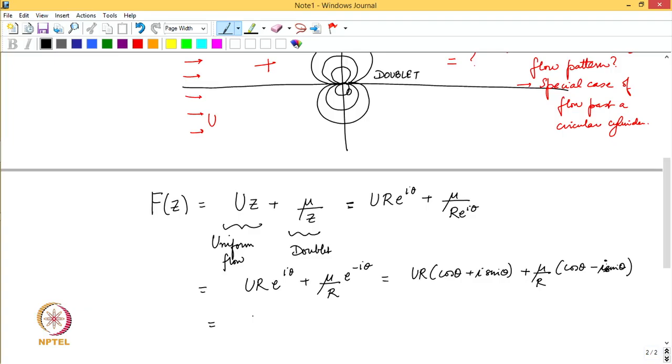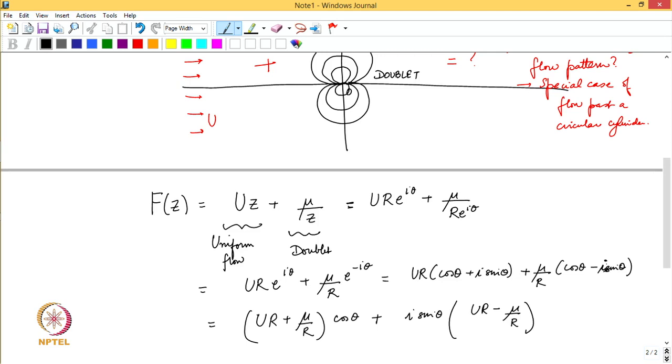So, we can write this as (u r plus mu by r) cos θ plus i (u r minus mu by r) sin θ.